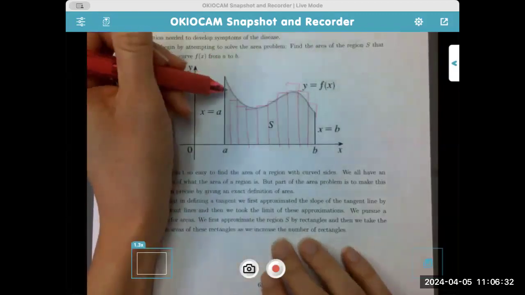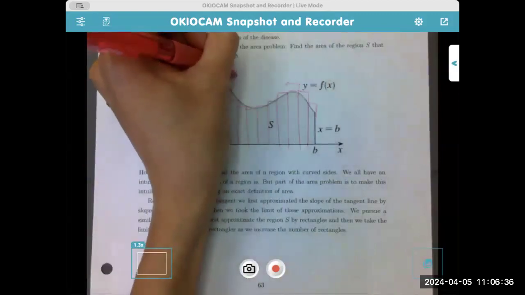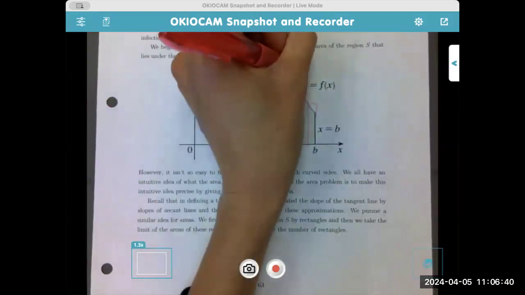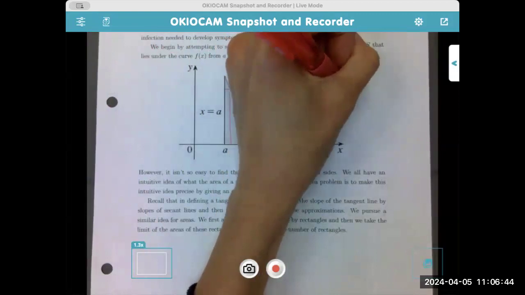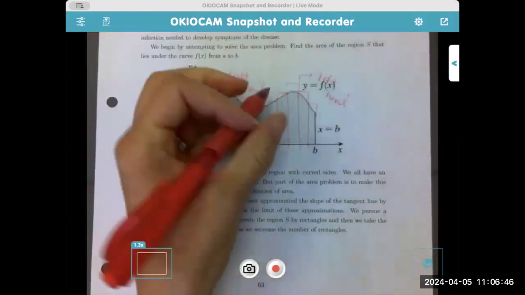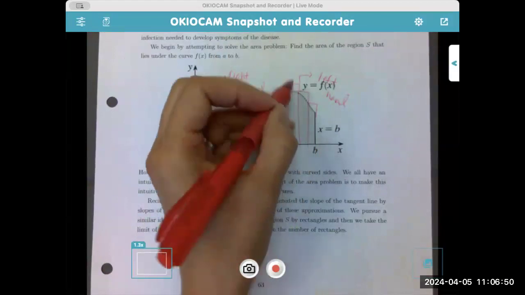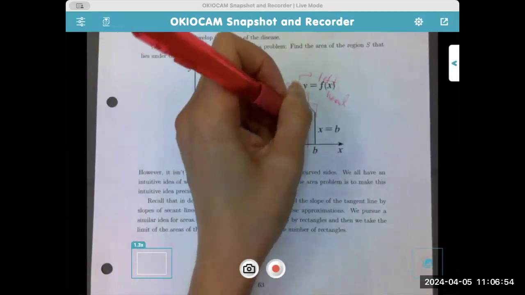Okay, so over here, we used what we call right-hand limits. These are right hand. And here we have left hand limits. Because you take where you end on the function and you go to the left hand of the rectangle and you go over.